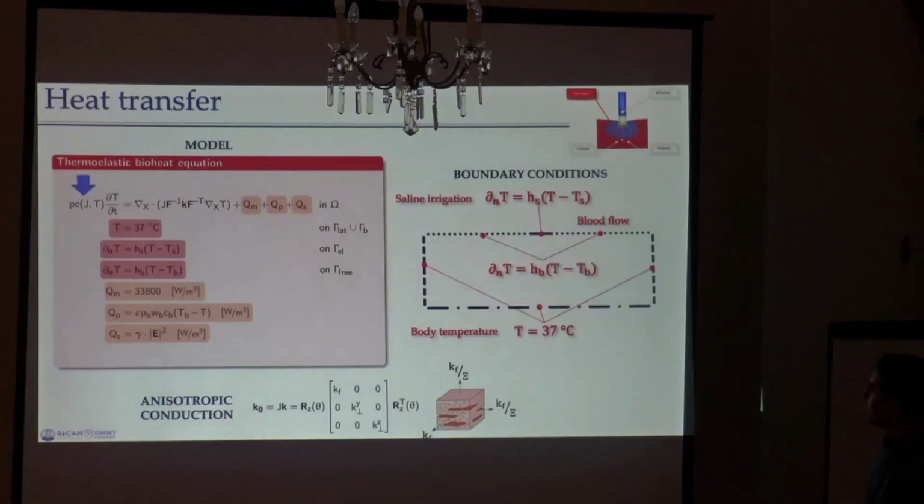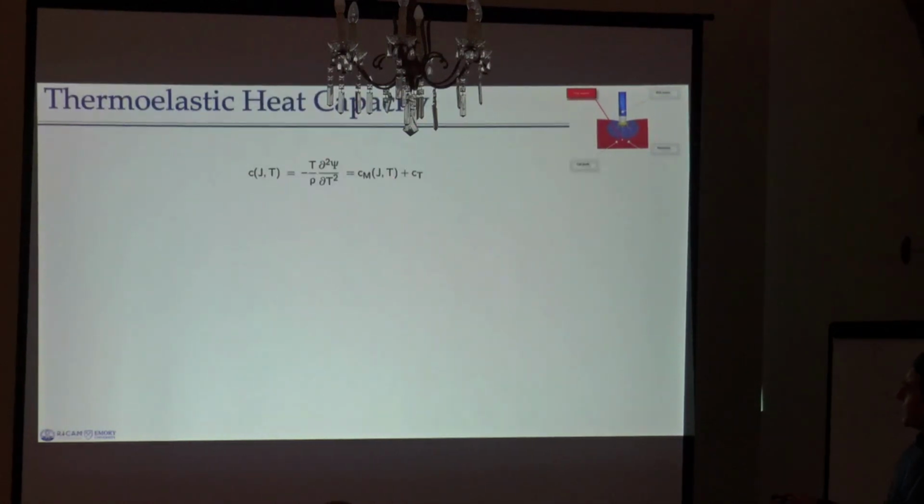Now, I pointed out here an arrow because we generalize also the heat capacity. Because we are dealing with a full thermomechanical problem, and in this case, the correct definition of heat capacity comes from the second derivative of the energy with respect to temperature.